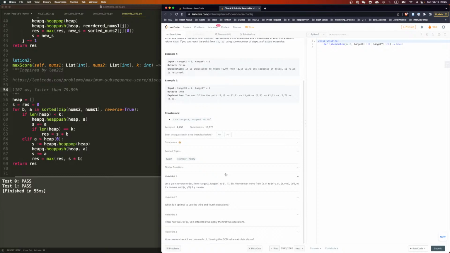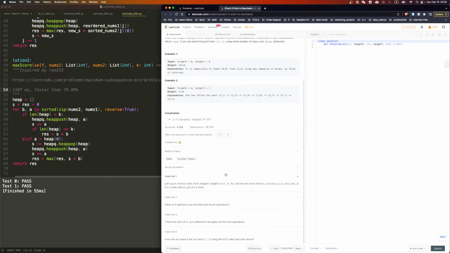But if you're thinking about it, the only way to move is to plus the other one. Every time we plus, the original GCD is part of the new thing, right? The original GCD is part of the new thing. So if you add and you add, we always have the GCD as a factor in the new x and y.